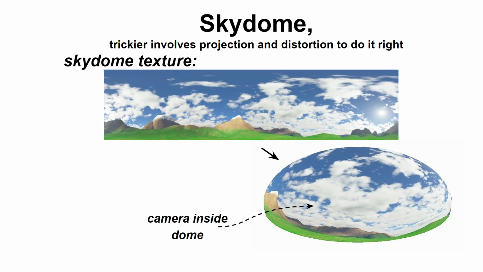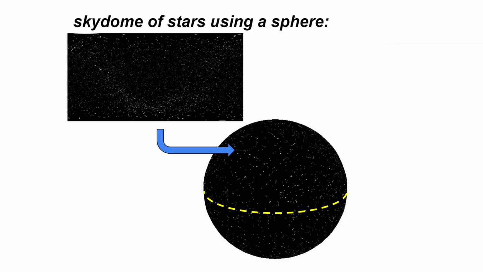Obviously we get that stretching at the top of the sky that we'd have to somehow accommodate, whether through clever use of models, or maybe instead of using a cube as the geometry, you could set up some kind of sphere and project that on there from inside.